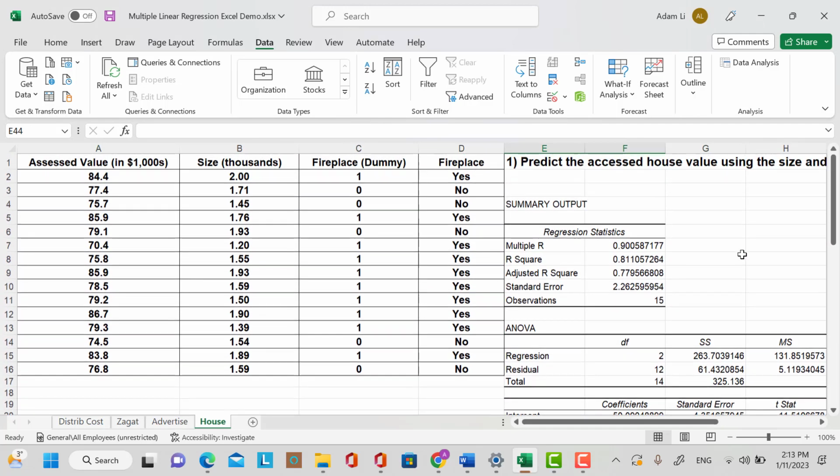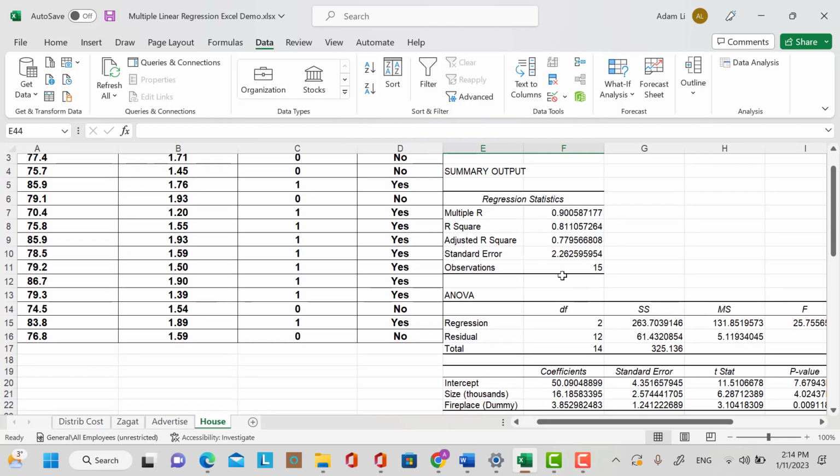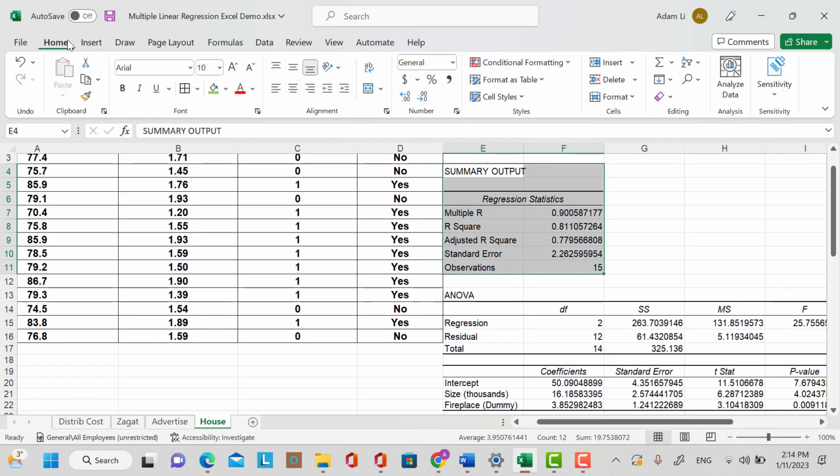So first of all, let's look at the Excel output from the first portion here. One more time, we're going to go through this analysis step by step.